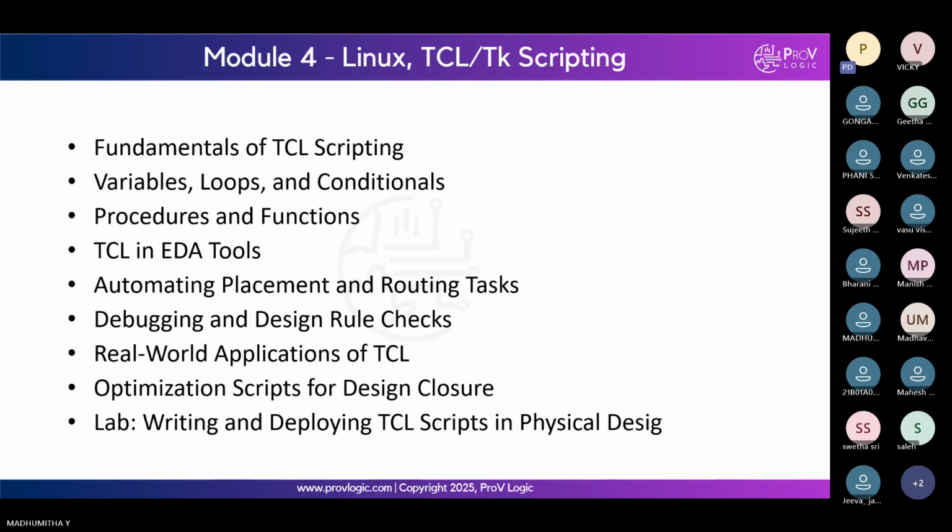This information will be present in a file called the CTS spec file, which we use during the CTS stage. So duplication of clock gating usually doesn't happen. Maybe clock gating cells might not be inserted in one timing path, and we can go back and insert them. Duplication of clock gating mostly doesn't happen.